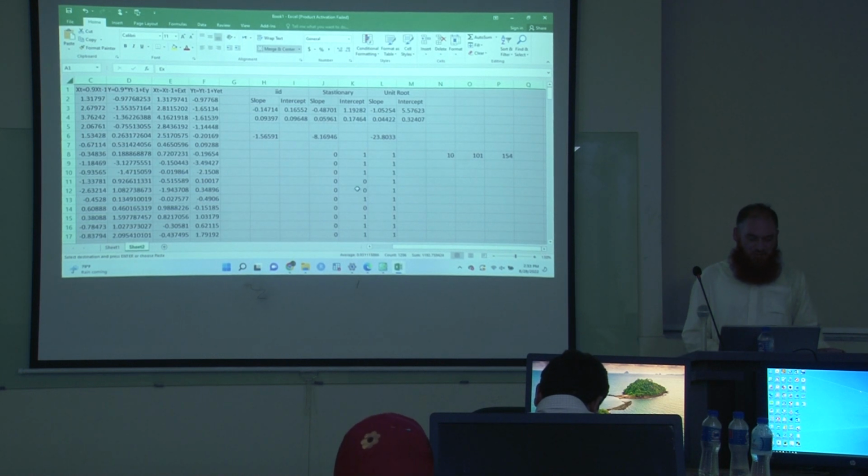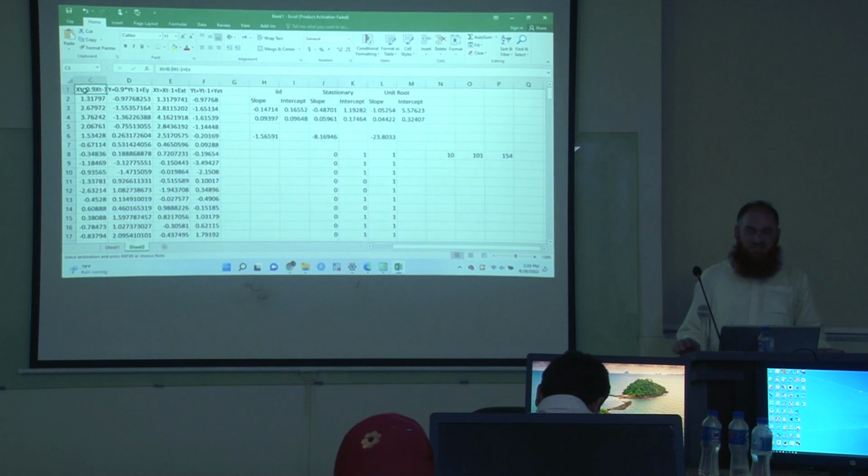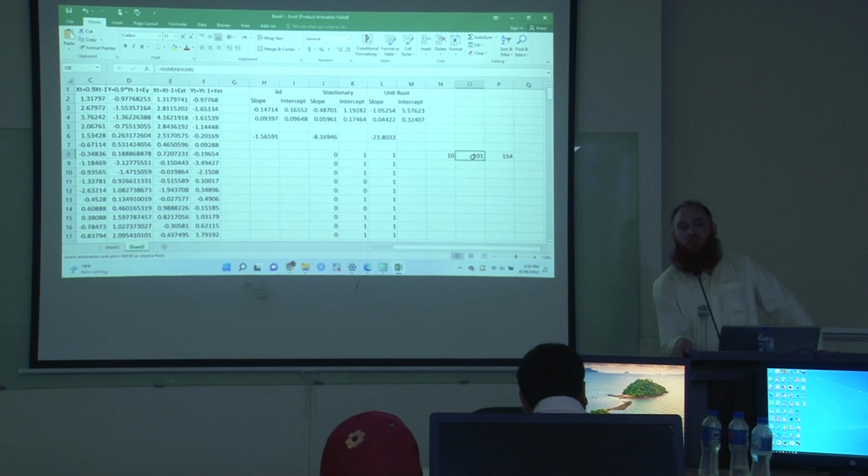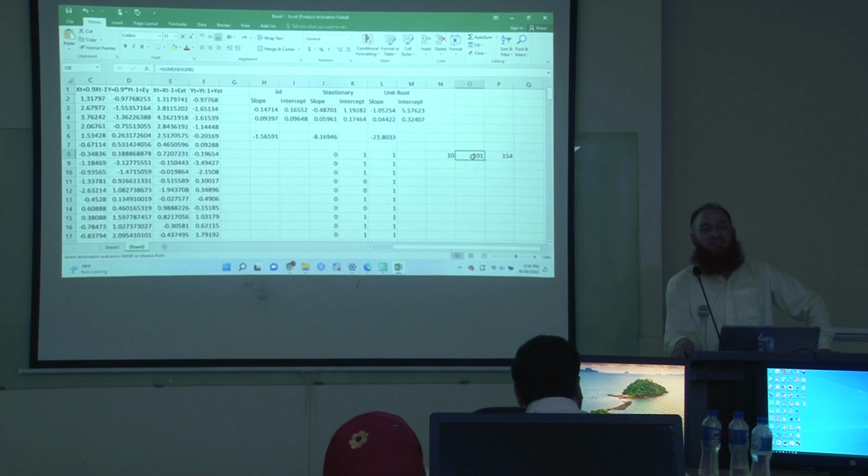And then if you look at column C and D, these are stationary series, and if I am running regression between these, the probability of having significant coefficient is 101 out of 200. This is 50% plus. So there is again spurious regression.